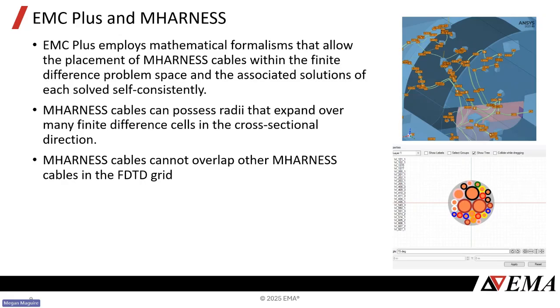When they're very large, they expand into many different cells. I'll cover this a bit later, but essentially the cross-sectional size increases and the effective mesh takes up multiple cells. One limitation is that cables cannot overlap with other M-harness cables in this grid, and they also can't overlap with different materials.